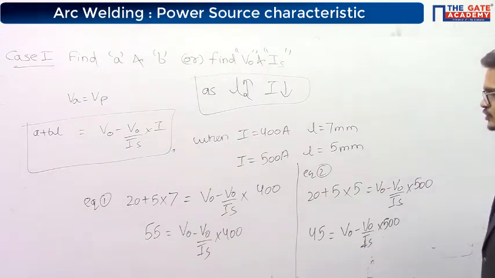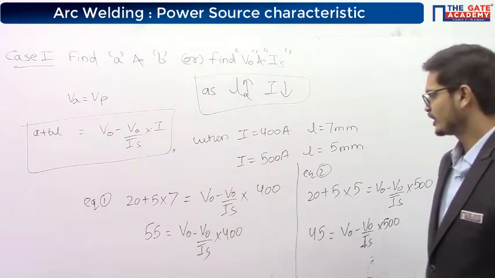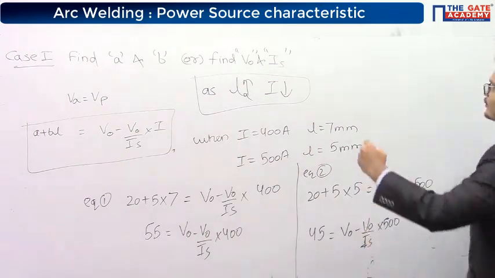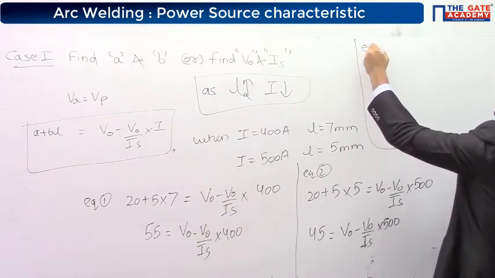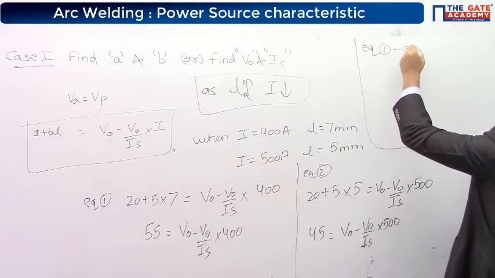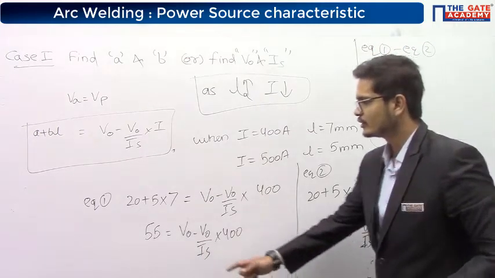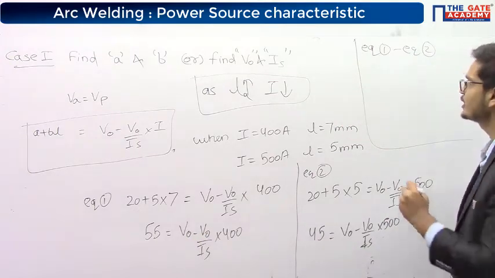Okay, so we have equation 1 and equation 2. Let us subtract equation 2 from equation 1. Equation 1 minus equation 2. 55 minus 45 will give you 10.